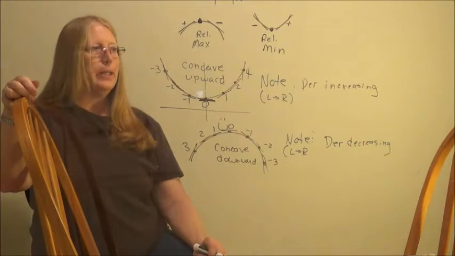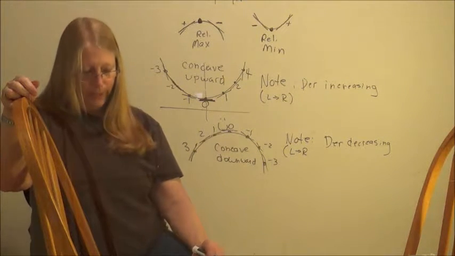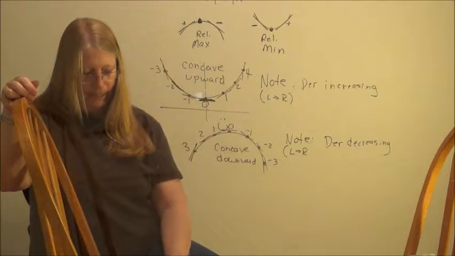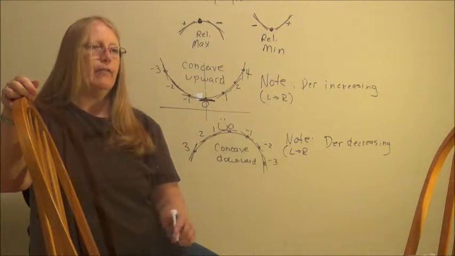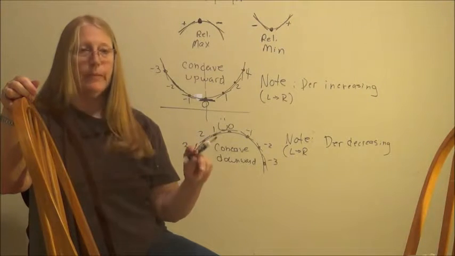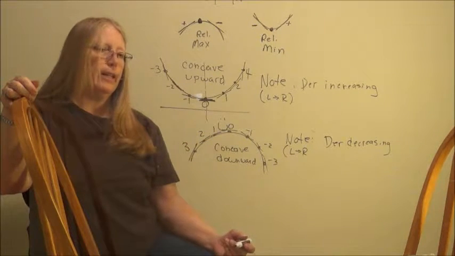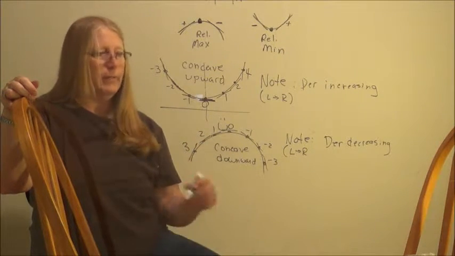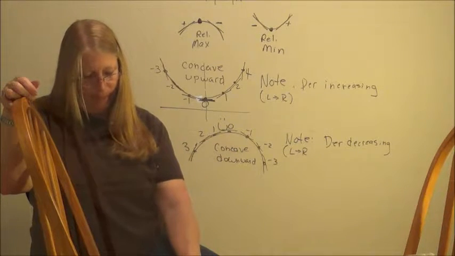Alright, so before we leave this idea, I just want to establish that when we have a concave upward, we're going to look for slopes that are increasing from left to right, and when it's concave downward, the slopes are going to be decreasing from left to right.